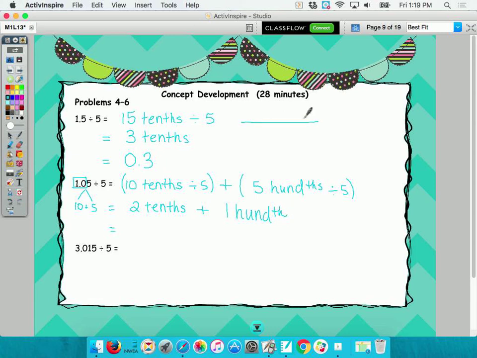If I add 2 tenths plus 1 hundredth, isn't that what I have here? What do I get for an answer? 21 hundredths, that's my answer.